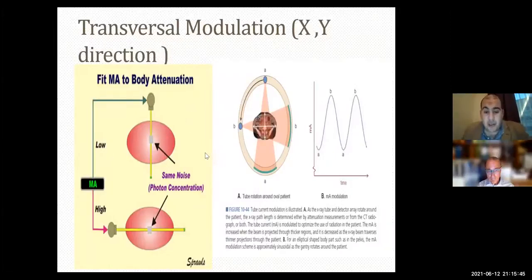Those modulation techniques are available in all CT vendors nowadays, so we can use them for Z longitudinal modulation or transversal modulation. Transversal modulation means that the X-ray tube rotates around the patient, and here the X-ray tube faces low attenuating material, so give less milliampere, but on this side it faces higher attenuating material in the pelvis region, so give higher milliampere. This is called angular modulation.